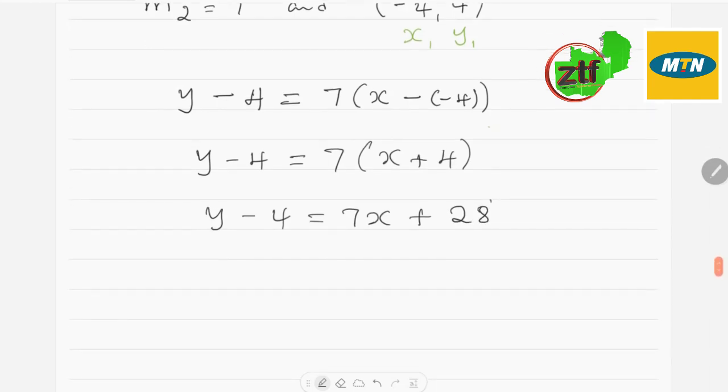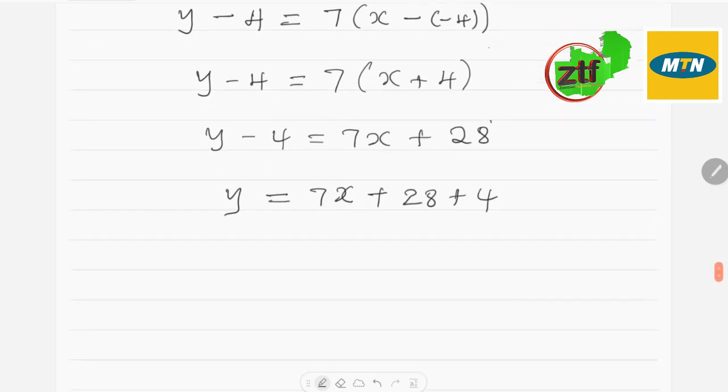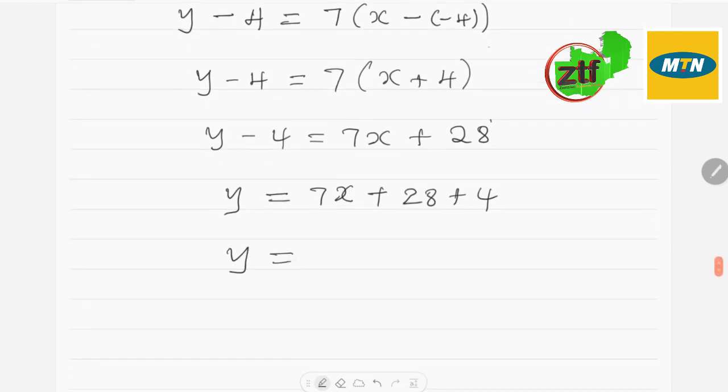Then when I transpose negative 4, I will have y is equal to 7x plus 28 plus 4. And the answer in this case is y equals 7x plus 32, because 28 plus 4 will give us 32.